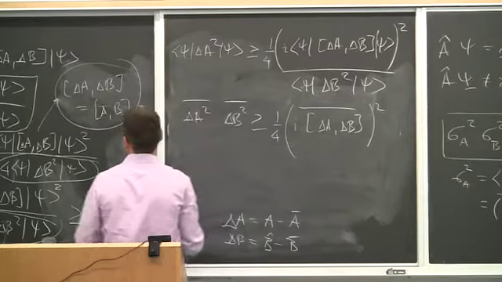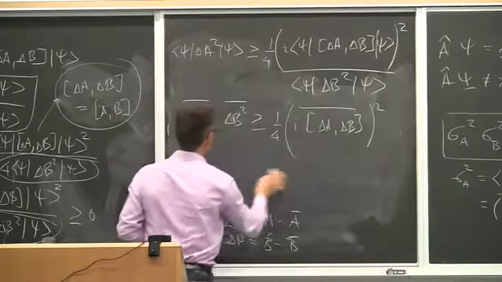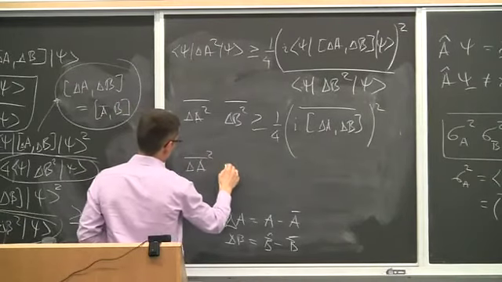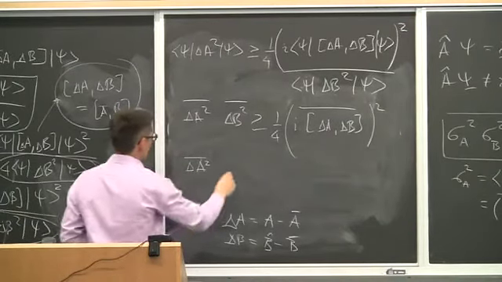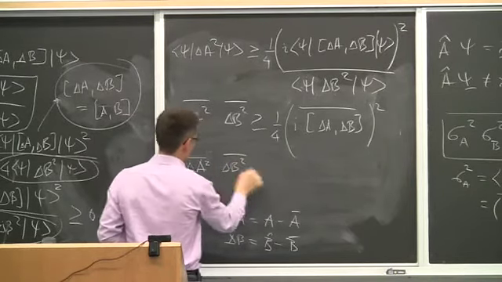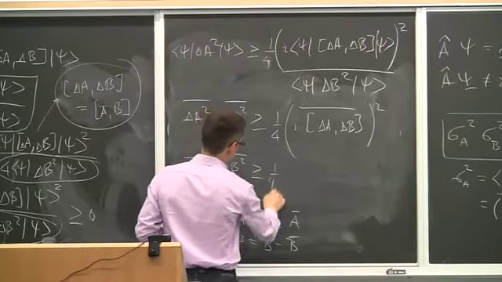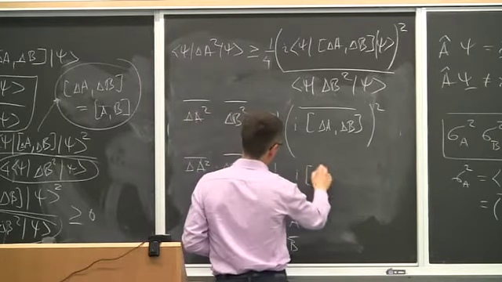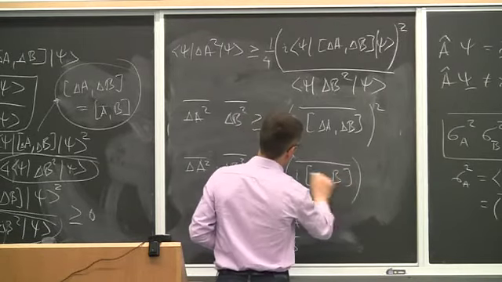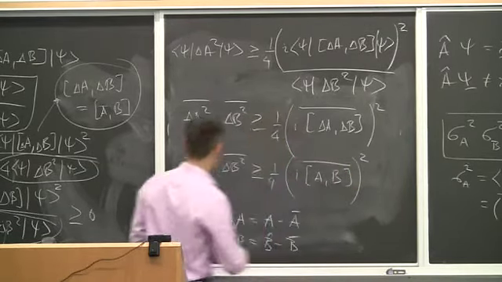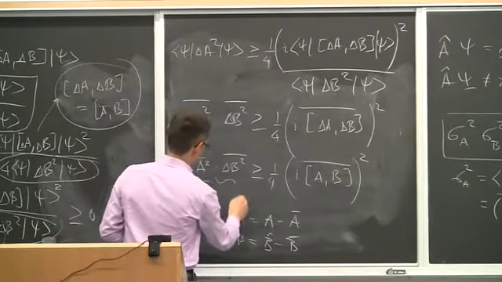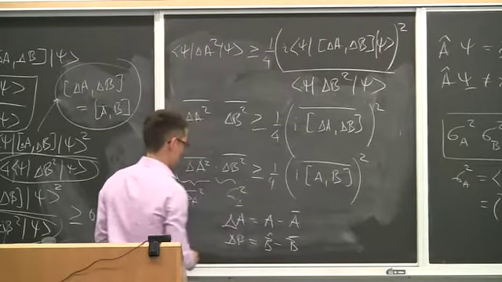Okay, and then since the commutator of delta quantities is the same as the commutator of operators, we can write the final expression. Okay, and these guys are sigma A squared, sigma B squared.